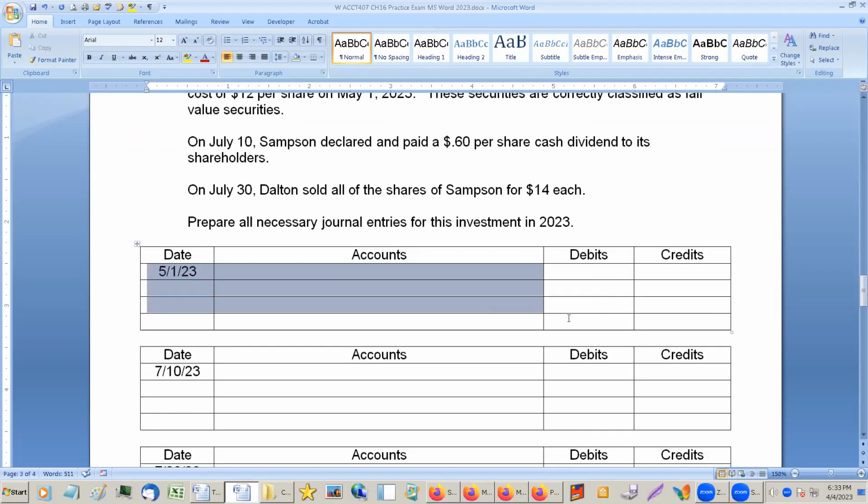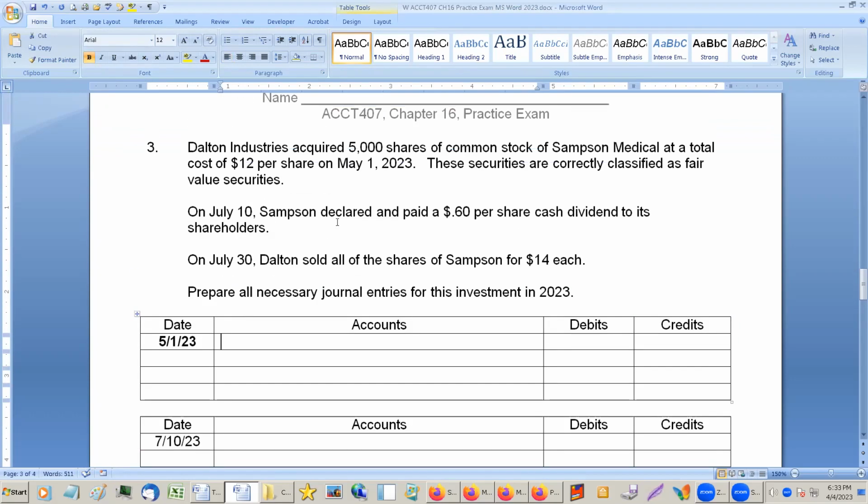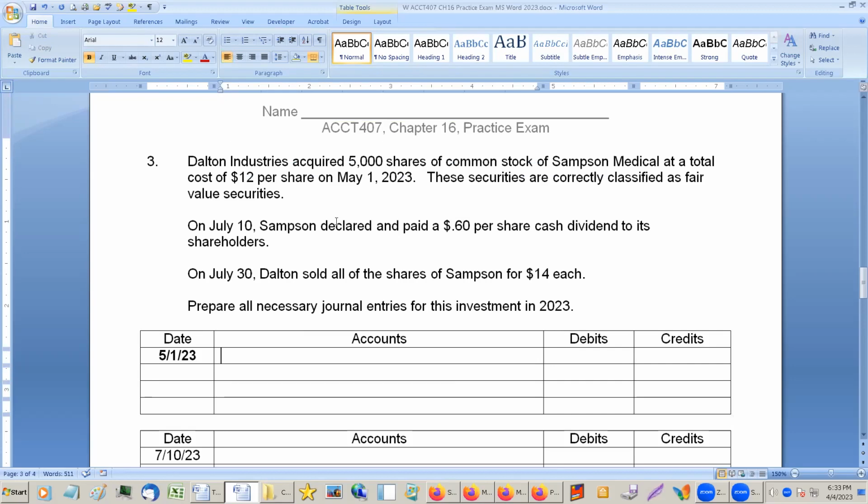Okay. 5,000 shares of common stock, $12 each, fair value. Okay, we've got everything we need for the first journal entry.